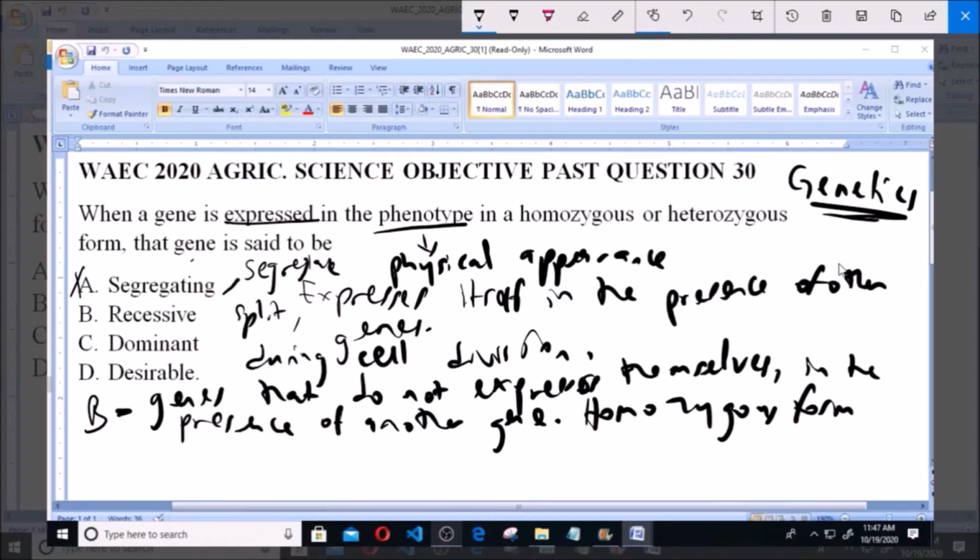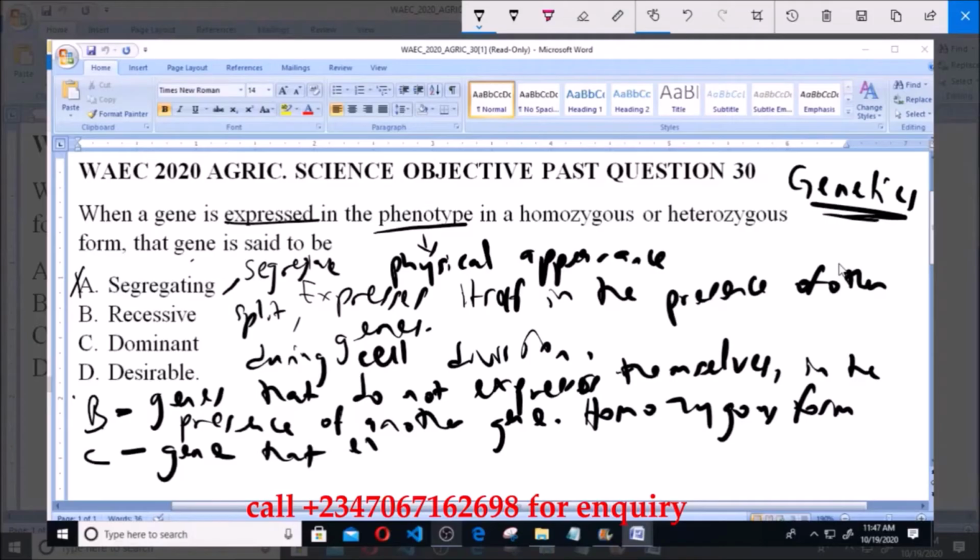So option C says dominant. A dominant gene is the opposite of a recessive gene, and it's a gene that expresses itself in the presence of another gene.